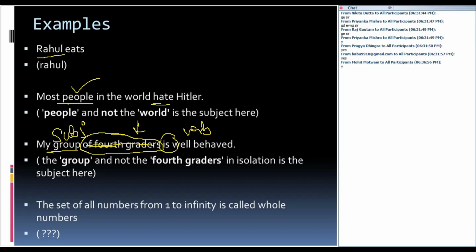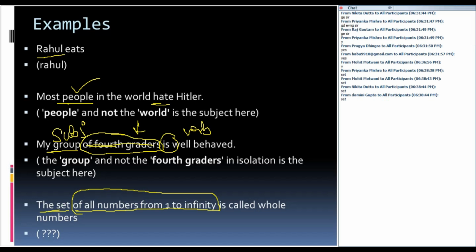When I say the set of all numbers from 1 to infinity is called whole numbers, can you tell me what is the subject in this sentence? It should be set. The set. This set is of all numbers from 1 to infinity. This actually is extra information.